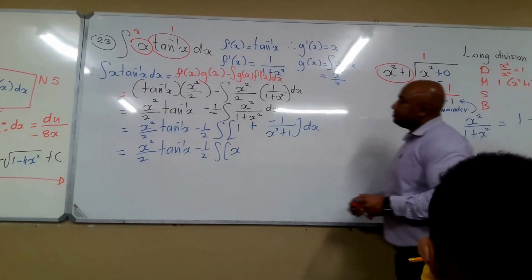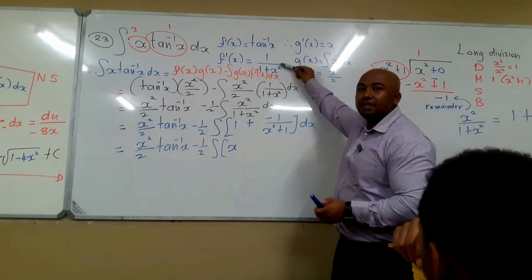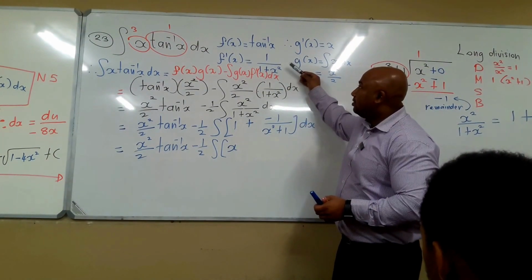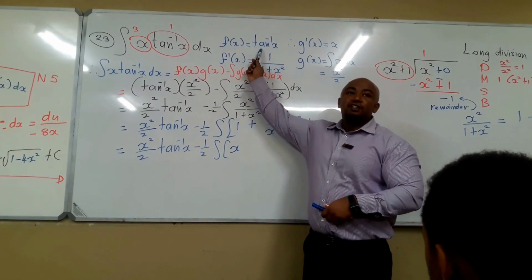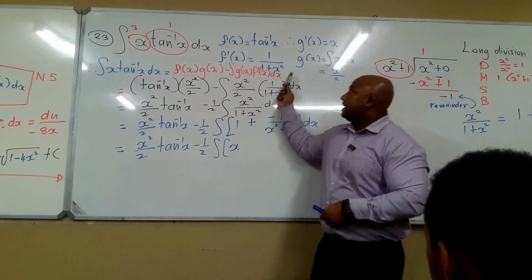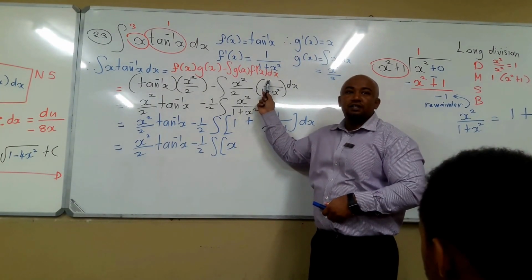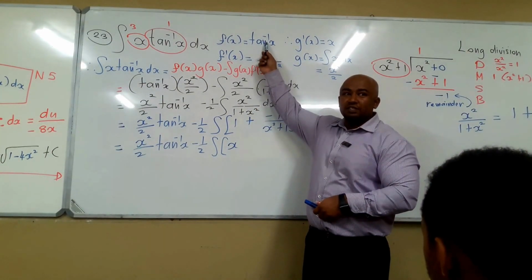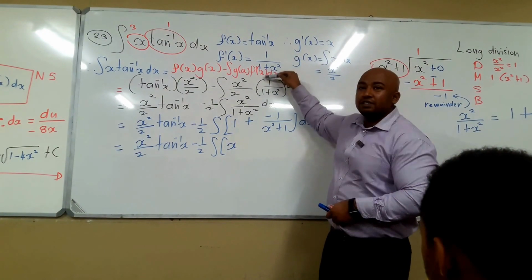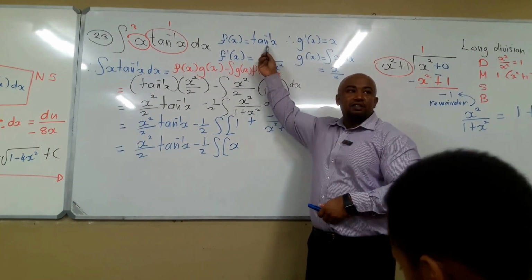So now remember, this looks like it's almost the same. Can you see that? If we differentiate inverse tan, we get 1 over 1 plus x squared. If we integrate 1 over 1 plus x squared, what is the answer? It's inverse tan. It's a reverse process. Forward is 1 plus x squared. Reverse, you integrate, you get inverse tan.